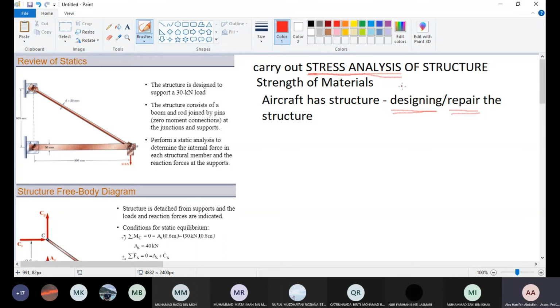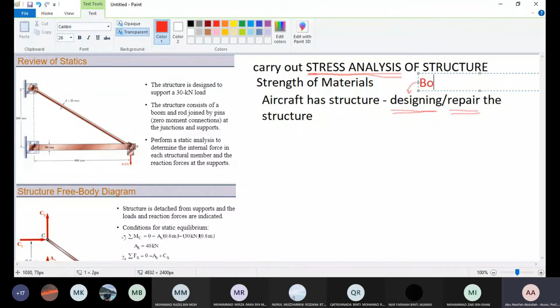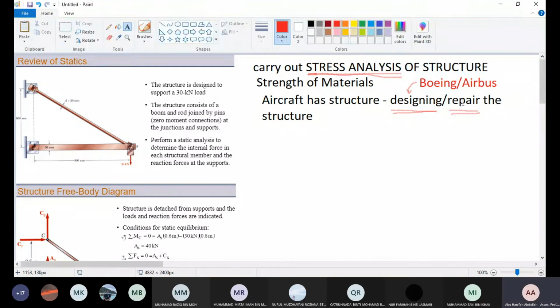For design, you will be working for the manufacturer. If you're working for Boeing, Airbus, so that is OEM, original equipment manufacturer, where you have to do the design.